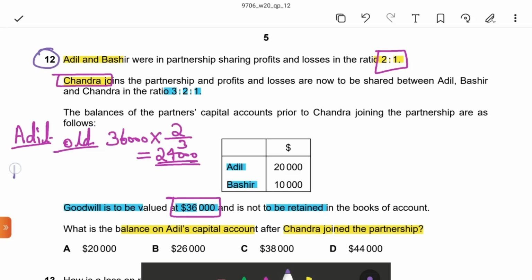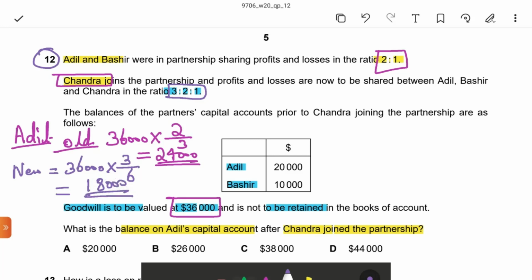But now how much is Adil getting? New goodwill. Adil is getting 36,000 multiplied by the new ratio 3:2:1, so 3/6, which is equal to 18,000.